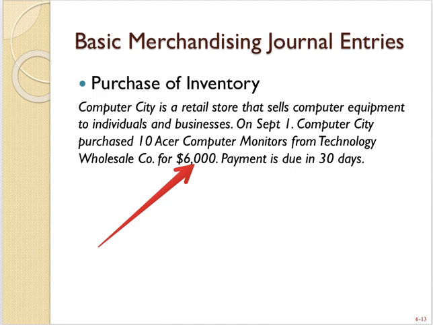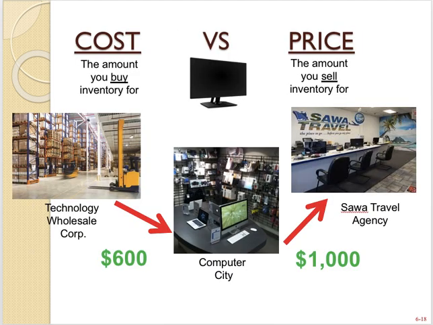So if you get out your calculator and do the math, $6,000 divided by 10 monitors comes out to $600 each. These must be very fancy monitors to cost $600 each, but just go with it. So that's where the $600 comes from. That is the cost to Computer City, because they bought it for $600.